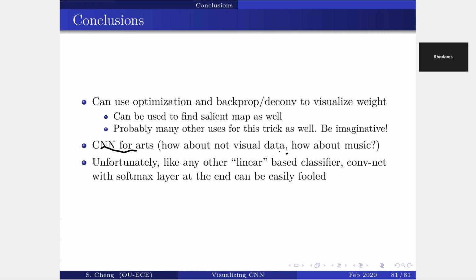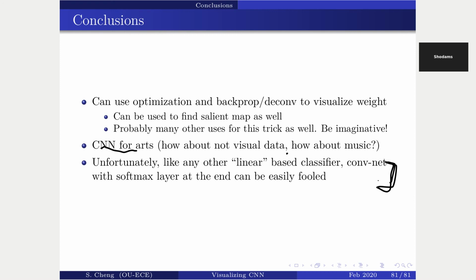For example, generative networks that generate not just images but also voices and music and so on. And as I mentioned, for a classifier based on this kind of linear model, it's really hard to avoid adversarial attack.